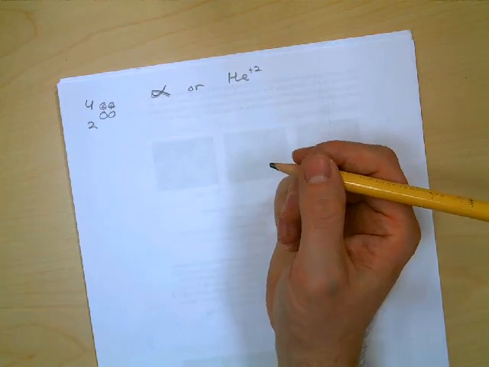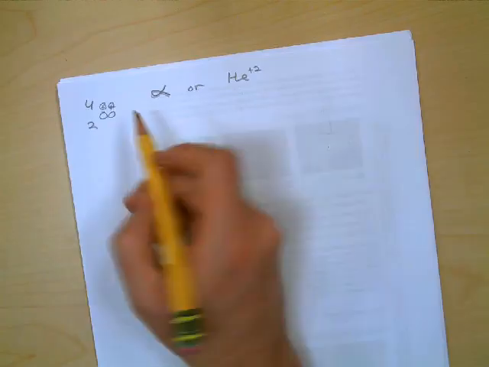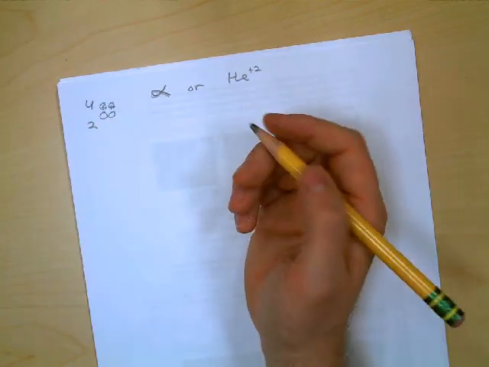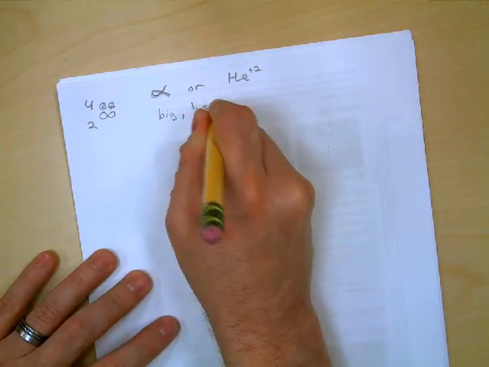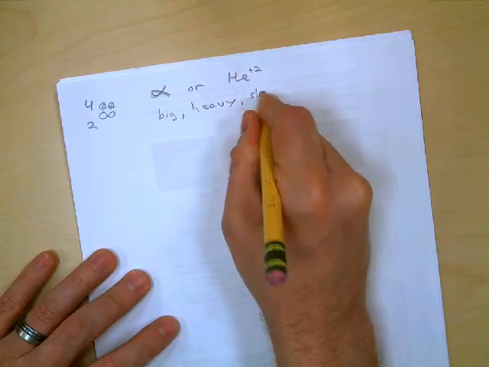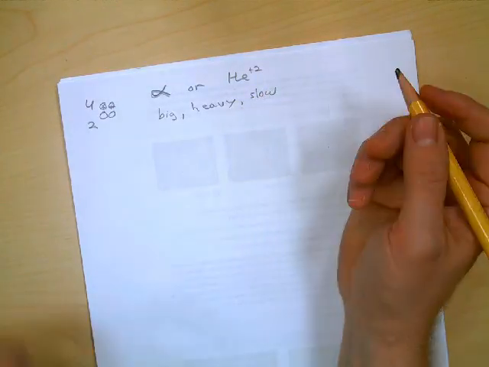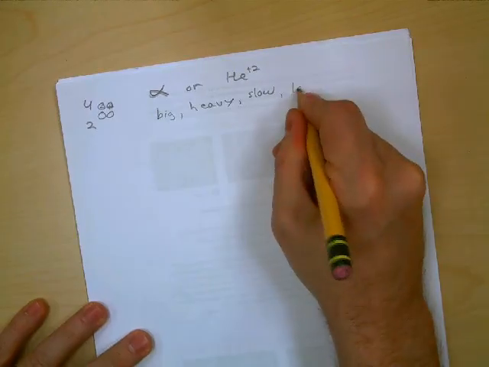This is big and heavy. Of the 3 types we're going to talk about, it has 4 mass. That's gigantic. So big, heavy, and I'll put in that it's also slow. Of all the types of radiation, it does not travel very fast compared to the others. So it has the lowest energy.